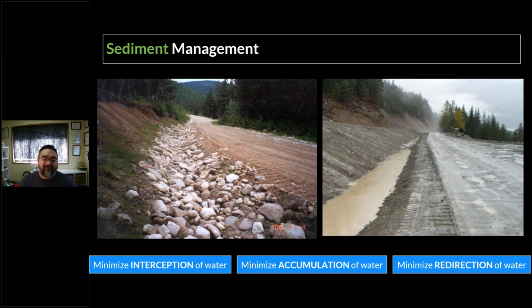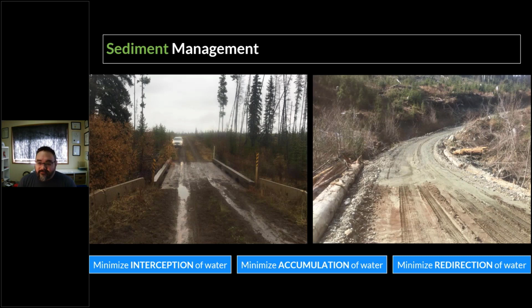So what do we have at crossings? Well, we know that they're a big source, or potential source, of sediment, because they're directly over the stream. The important things to think about are your approach grades. The one on the right there is a culvert crossing, and it flows right down to where the stream is, and you can see the sediment that's developed down there.